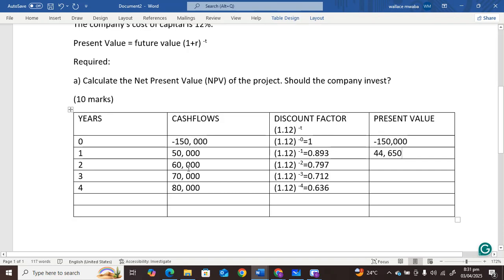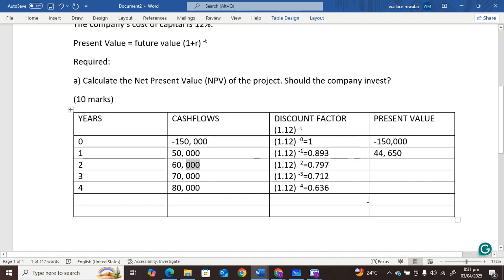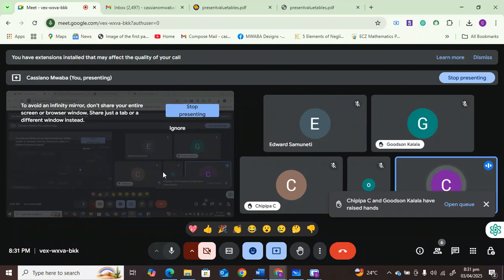Okay, number two, 60,000 times 0.797. Okay, 47,820. Now, colleagues, you are going to be financial managers. So in the meetings, please read the numbers as they are. Okay, colleagues? You are financial managers, the directors of finance.